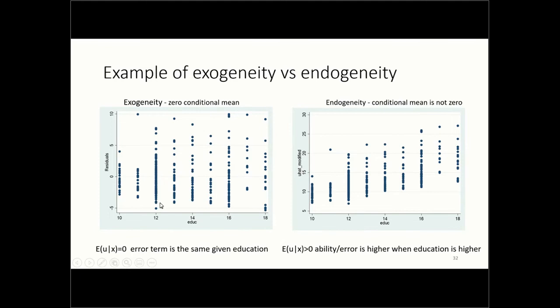This is an example that I made up, but this would be a case where, if we have endogeneity, for higher values of education we would actually have higher residuals, and for lower values of x we would have lower residuals. So again, this is a violation of the assumption of zero conditional mean, and we would have endogeneity of education.